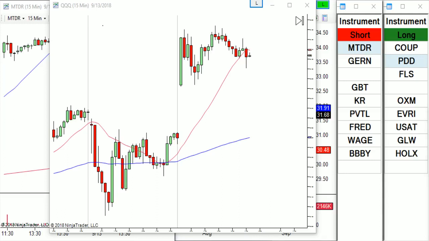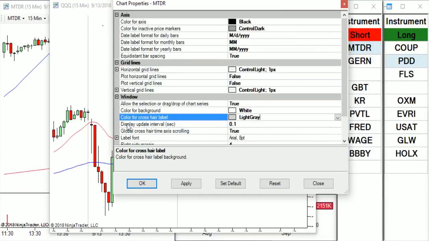Let me see if I can find it. I don't know exactly where it is, but it took me a while to find it. But I set the time that they update, yeah, right here. So you can change the display update interval in seconds, right?